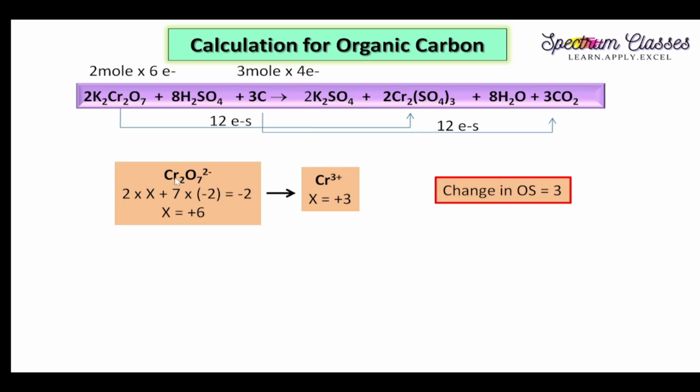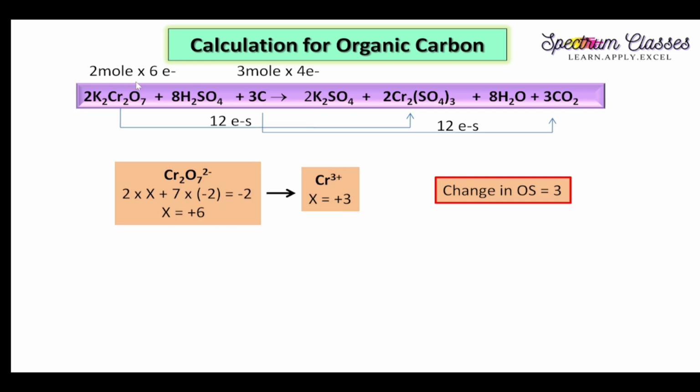So we calculate the oxidation state of chromium in this K2Cr2O7, which is plus 6. And per ion, we have plus 3, right? Because it has 2 chromium atoms, we divide this by 2, so we get plus 3.